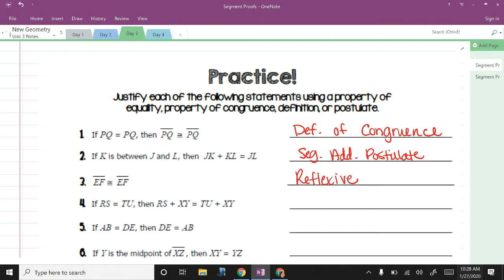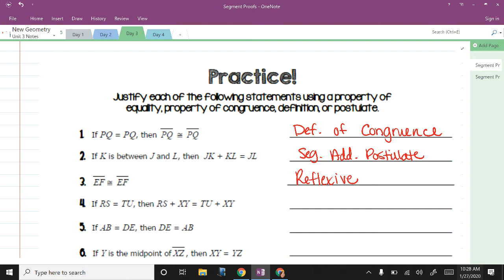Okay, look at number 4. Might be confusing. It tells me RS equals TU. So the length of segment RS equals the length of segment TU. Then the length of RS plus the length of XY equals the length of TU plus the length of XY. What did it do?